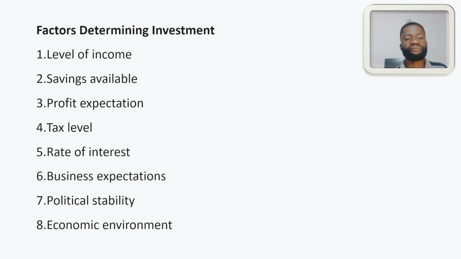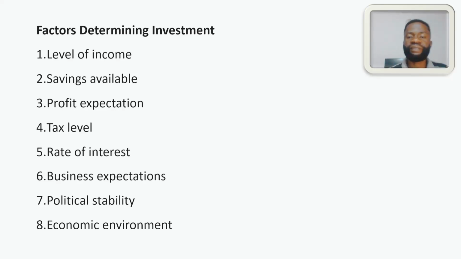Another one is savings availability. Savings provide the capital needed for investments. So without savings, investment is impossible. Like we know that S, which is savings, is equal to I, which is investment. So a trader saves part of daily earnings to open a second shop.